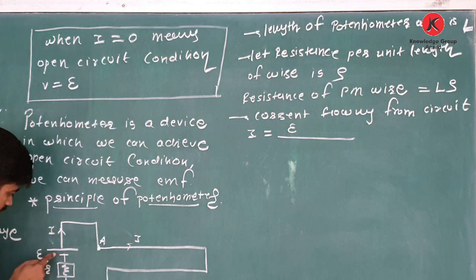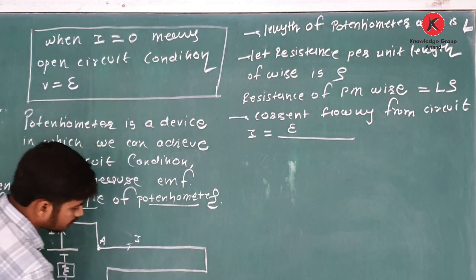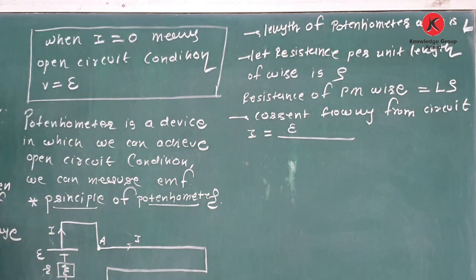Now, what is total resistance in this circuit? See here. Cell, its internal resistance is r. Resistance box, its resistance is R. This resistance box is used to control current. And another is the resistance of this potentiometer wire. Then how to write total resistance?